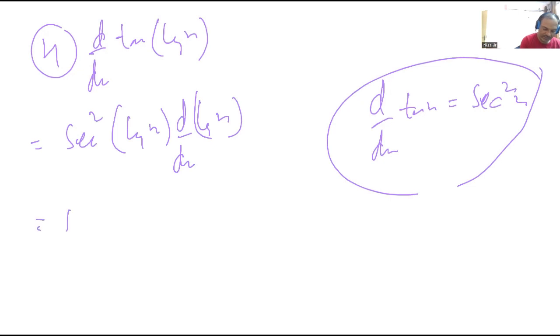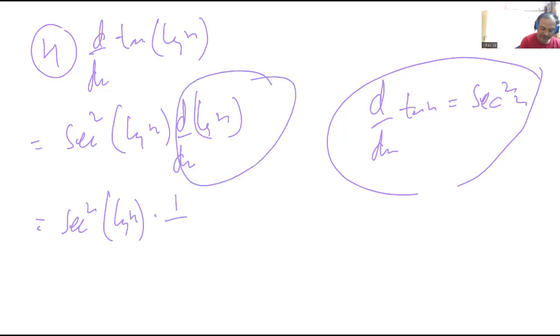Now, it will be equals to sec square log x. And if we differentiate log x, we will be having 1 over x. So, your answer will be sec square log x all over x. Clear? Okay, fine. Now, going to the next question.